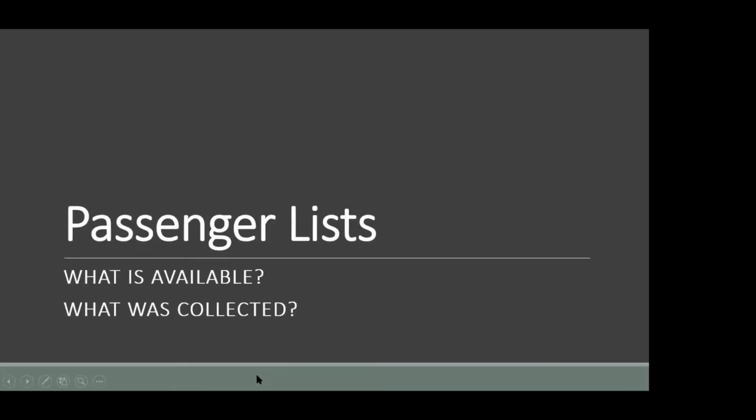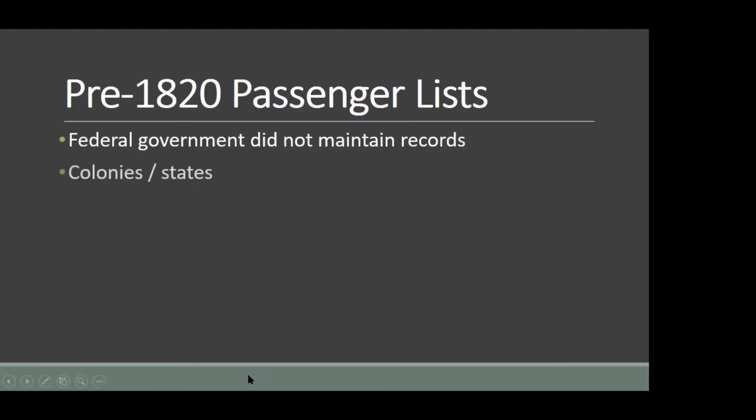So we're going to start off with the actual passenger list that people are interested in. We're going to discuss what is available and what was collected. Before 1820, there are very few records that exist for this time period.